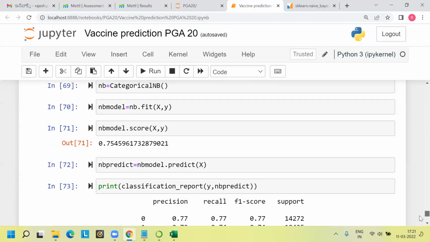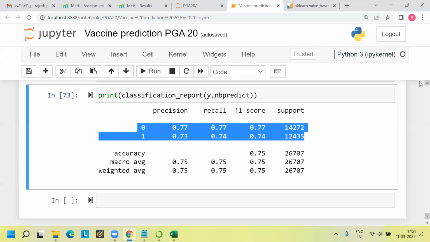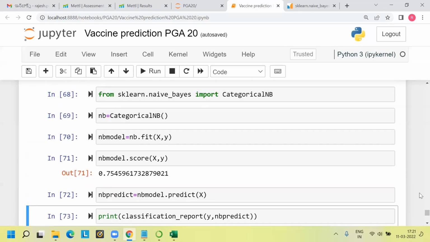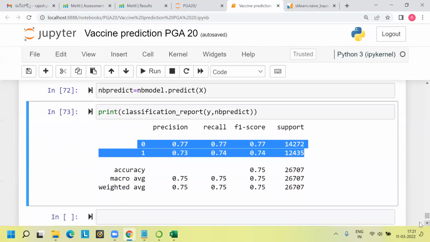See, it all has to be closer. So this is a stable model. Even if you do a cross validation on this model, you get a stable result.